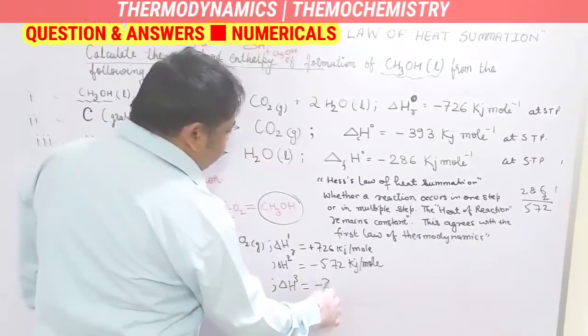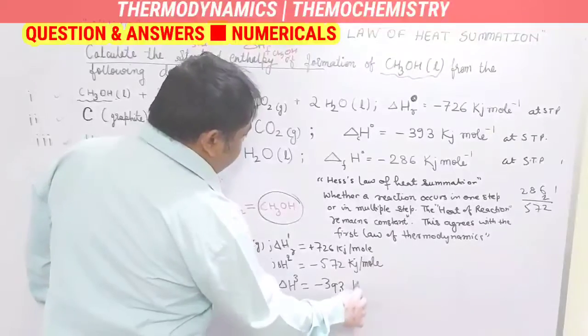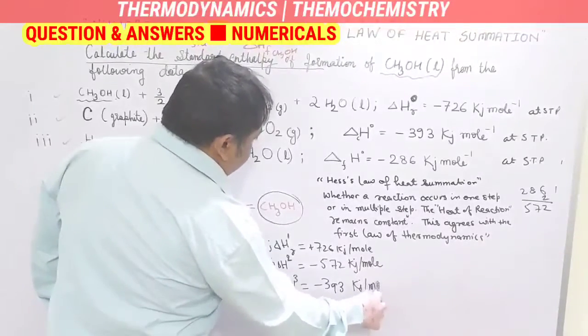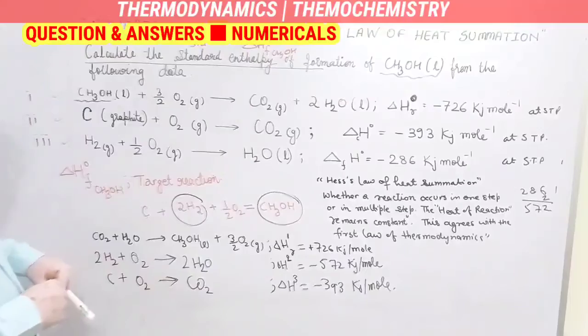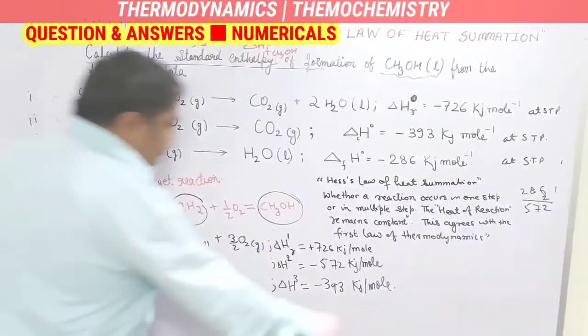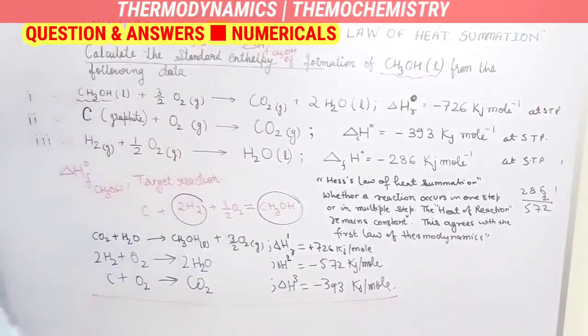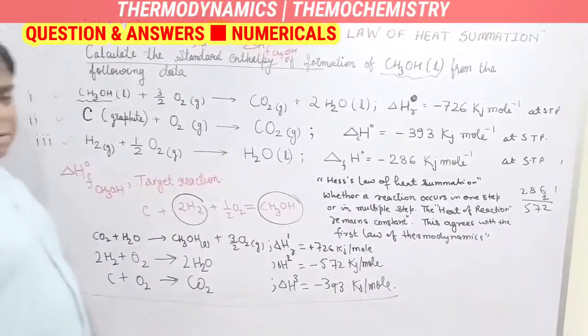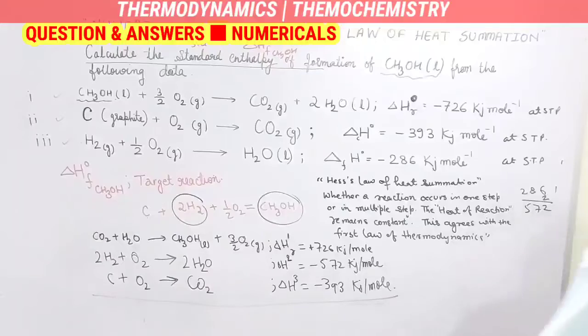We are making no change here. 393 kilojoule per mole. Now we will see how we are going to get the target reaction from here. But let me see if this part of the write-up is coming on the screen or not. Yes, still it is coming.